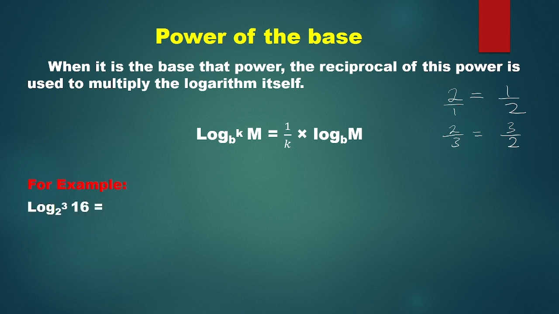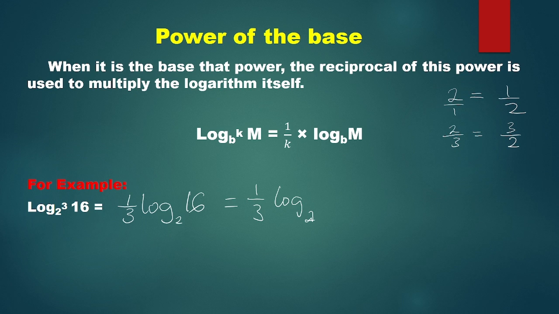For example, if I have log of 16 in base 2 raised to the power 3. Now, the base has the power of 3. So if I rewrite this, I will simply have 1 over 3 log 16 in base 2. You know that this can also be written as 1 over 3 log 2 to the power 4 in base 2.